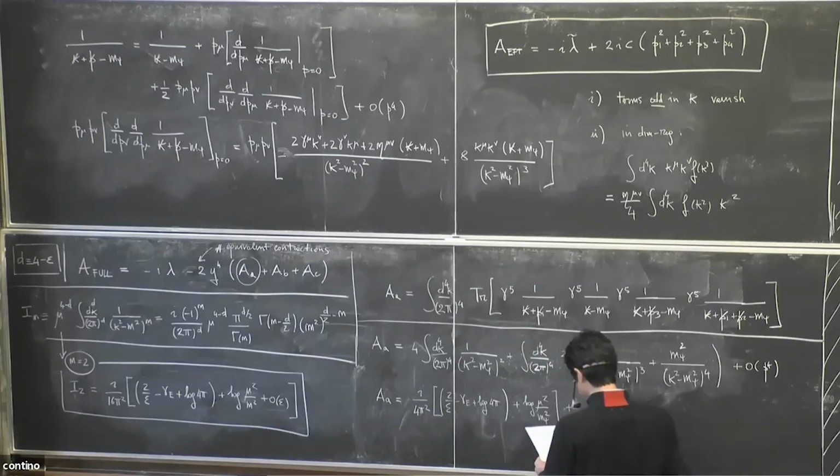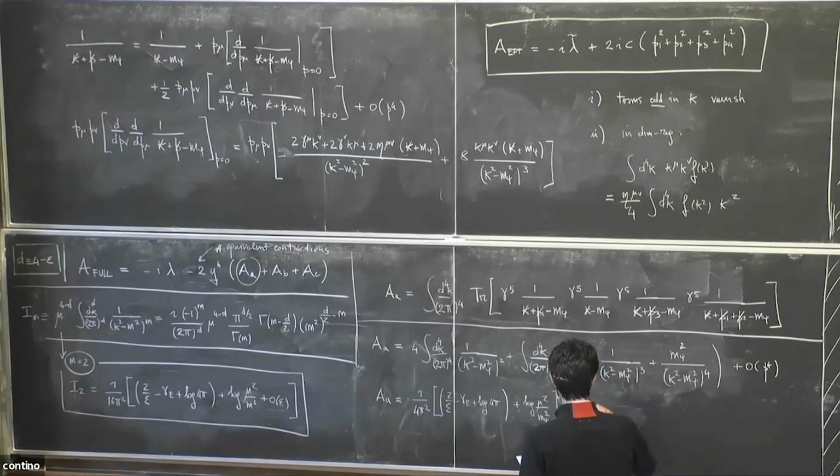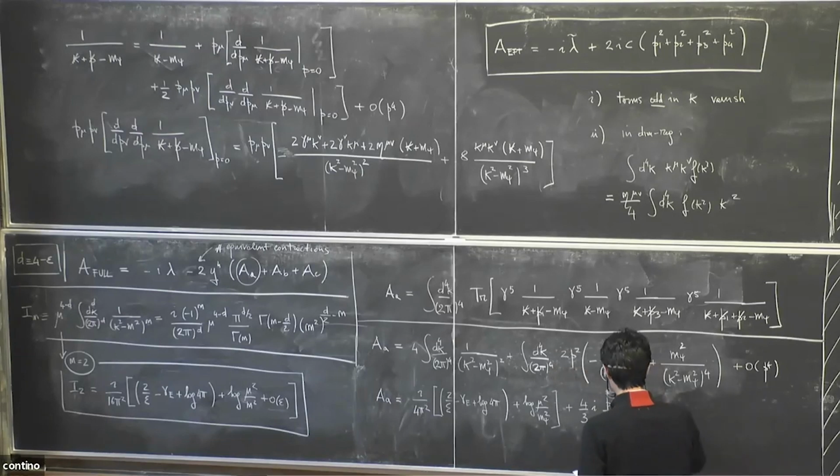Plus four over 3 i p squared over m_psi squared, 1 over 16 pi squared, plus order p to the fourth.